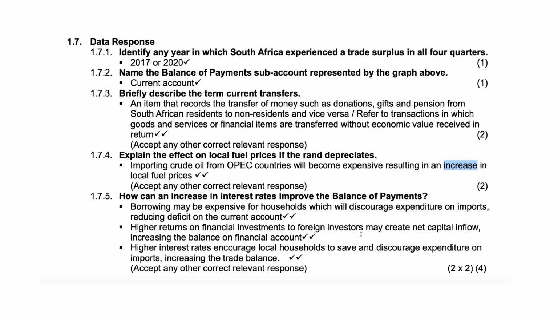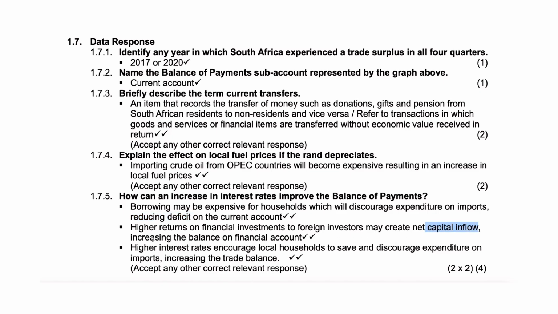Then the last one, how can an increase in interest rates improve the balance of payments? Well, borrowing may be expensive for households, which will discourage expenditure on imports, reducing the deficit. Okay, that's what I said. Reducing the deficit. How else? Higher returns on financial investments to foreign investors may create net capital inflow.